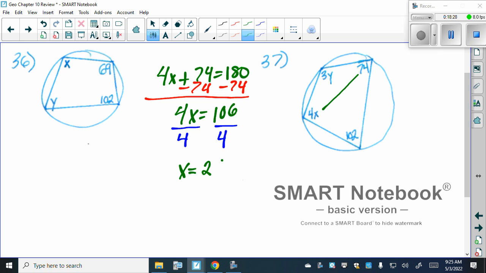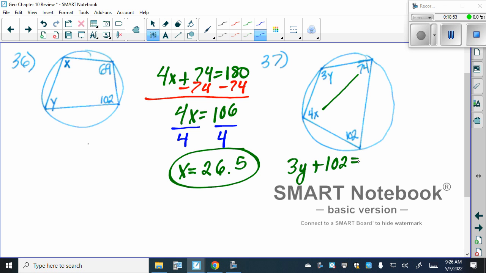I believe it should be 26.5, and we get this here. Now the other one is equal to 180.